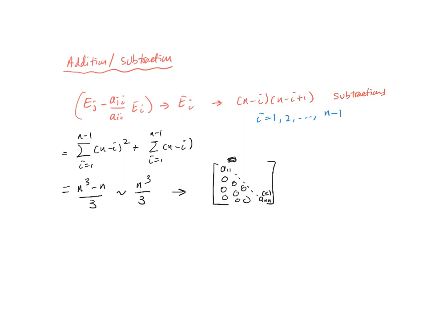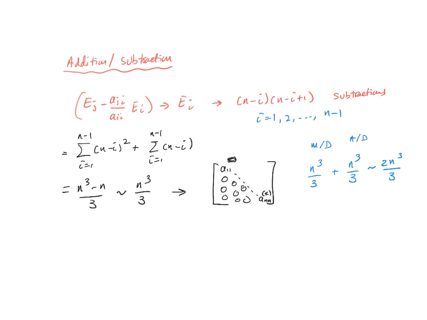To accomplish this, technically it will take n cubed over 3 for the multiplication and divisions, plus n cubed over 3 for the addition and subtractions, which is around 2n cubed over 3.